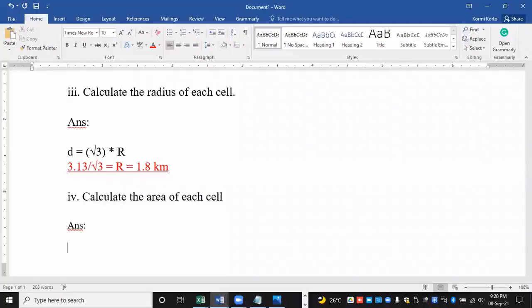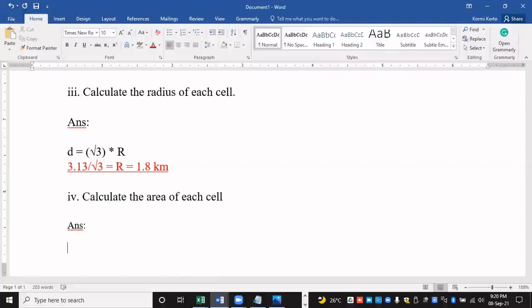The area of a hexagon, if you Google it, is 3 times the square root of 3 times the radius squared, all divided by 2. That happens to be the area formula for a hexagon.